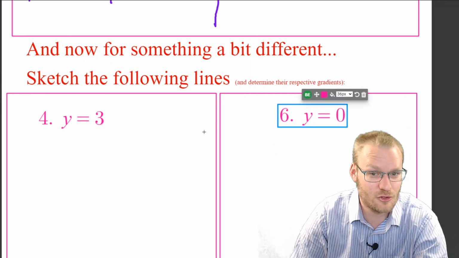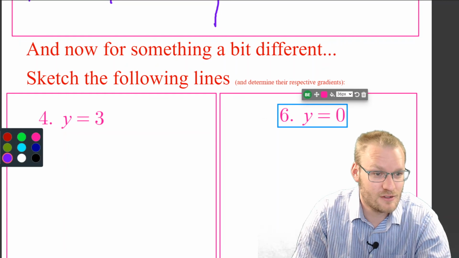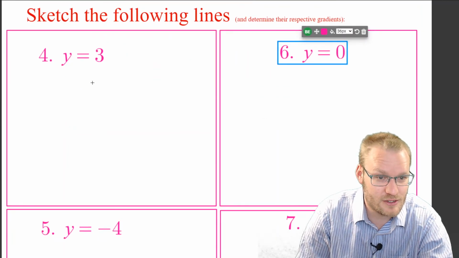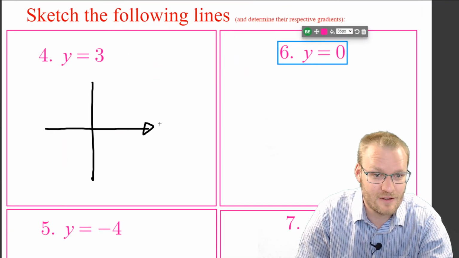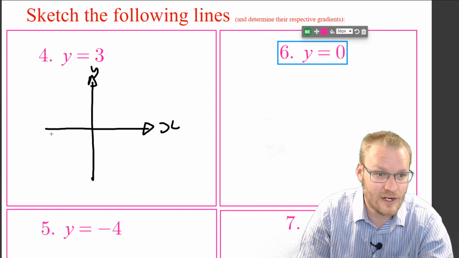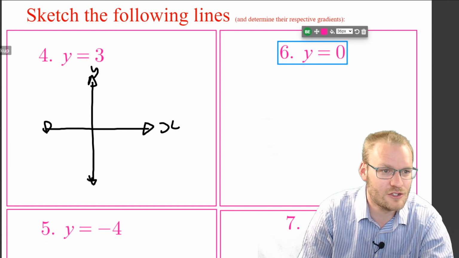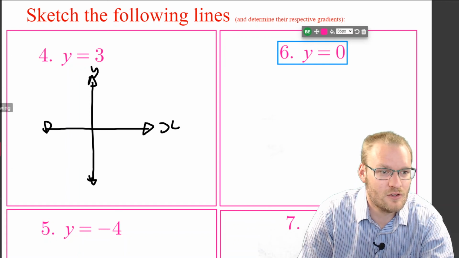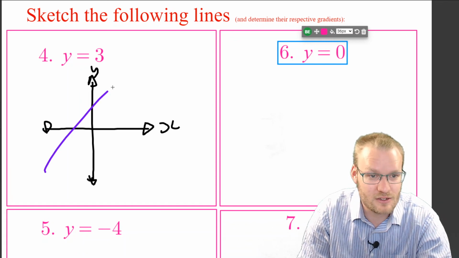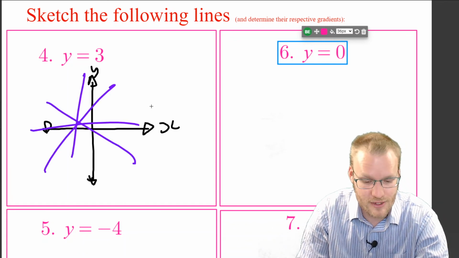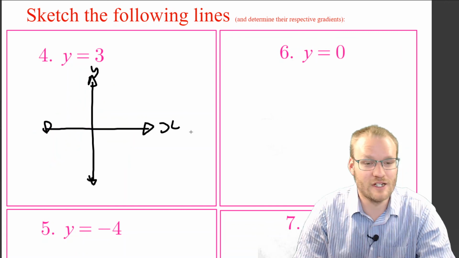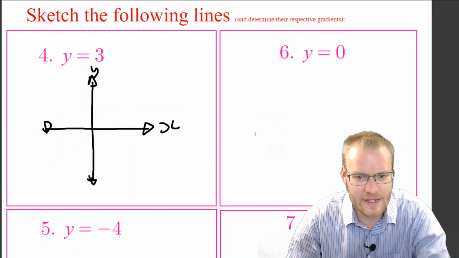These lines are going to look a little bit different, but as your starting point, x, y, and I want you to sketch your line on there. So what does it look like? Whatever it looks like, that's what you need to sketch, and do it for each of these.